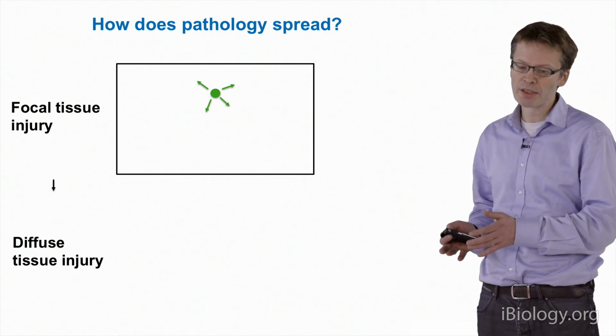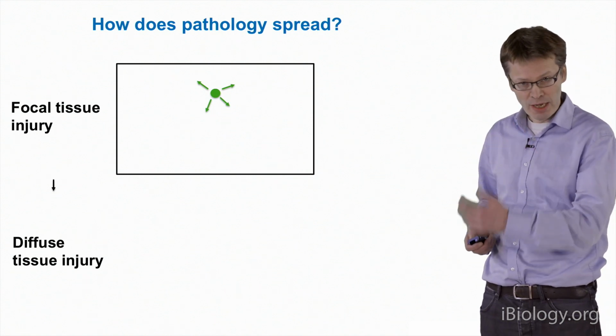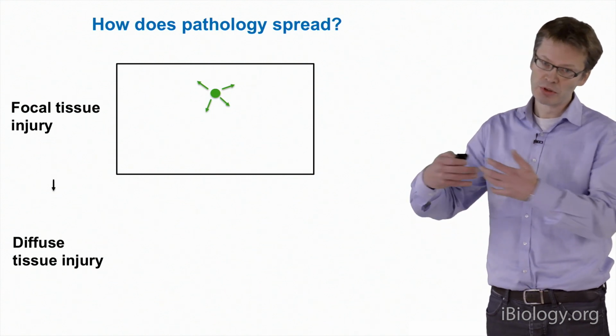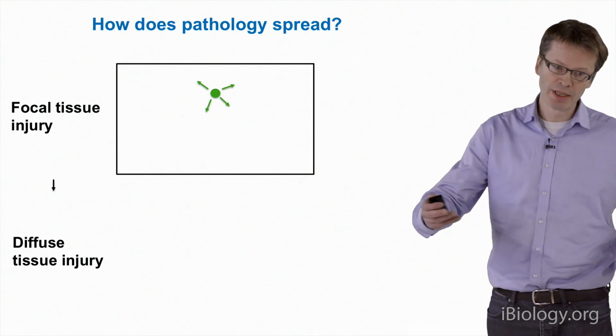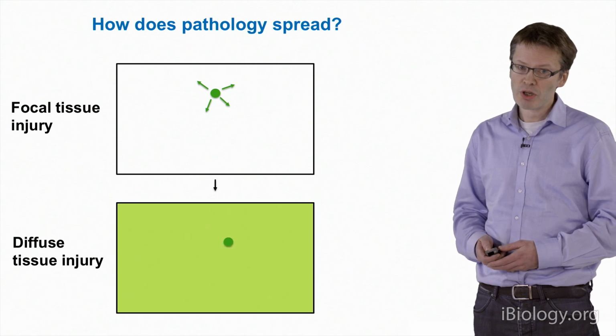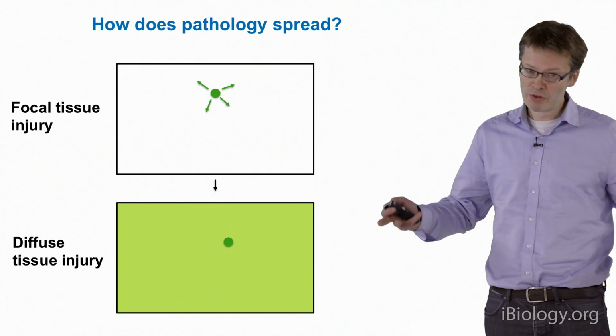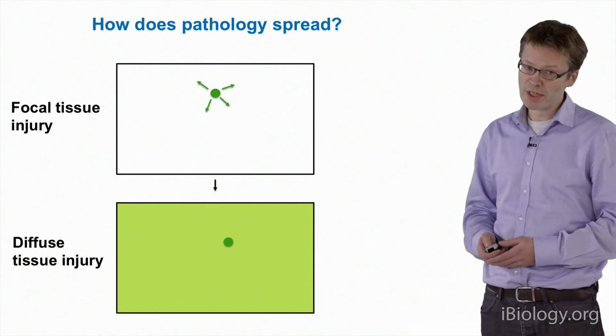Because the cells in the brain are highly connected and they depend on each other, damage to the myelin sheath might lead to secondary axonal damage. This again might also affect other neurons and spread within the brain. So at the end you have a focal tissue injury which has become more diffuse and widespread.